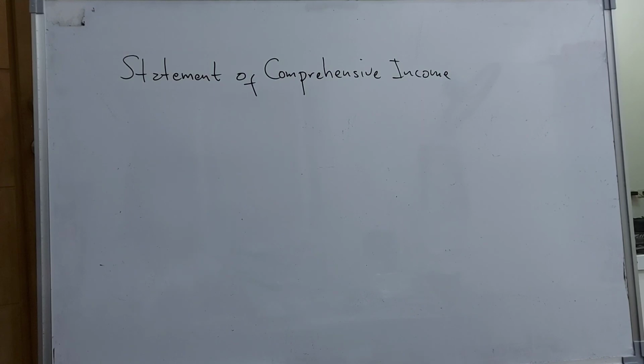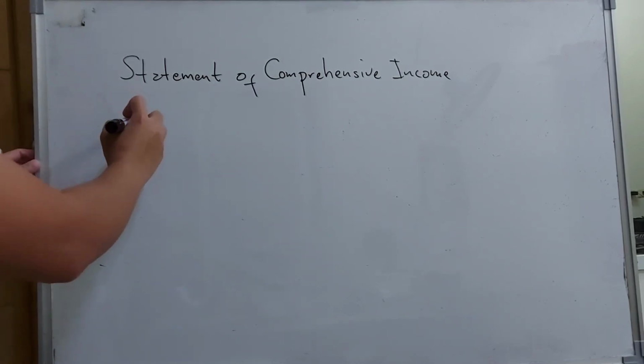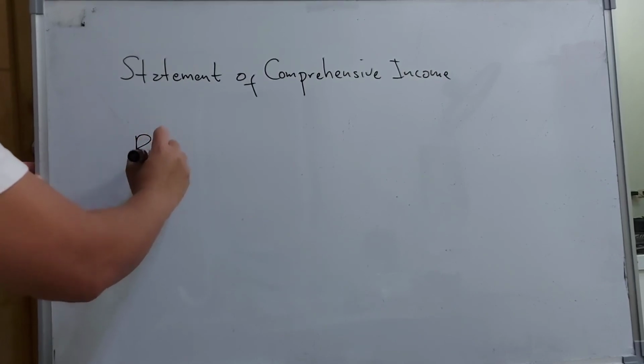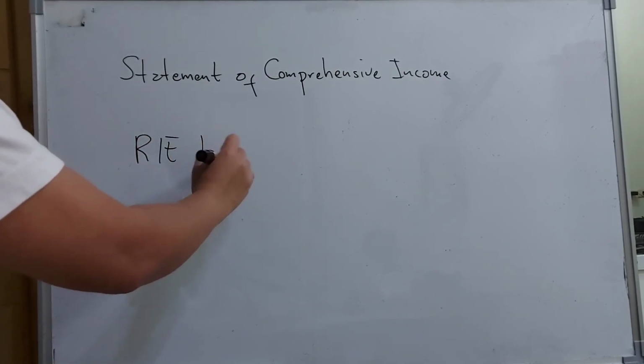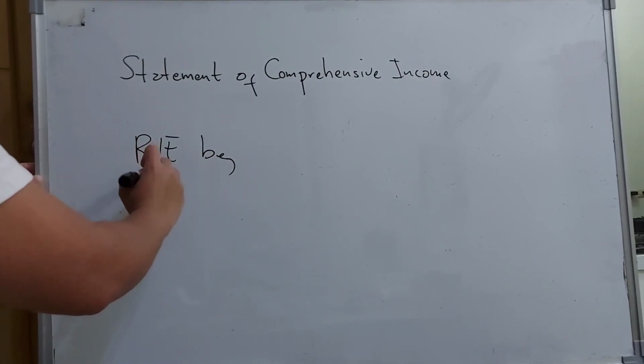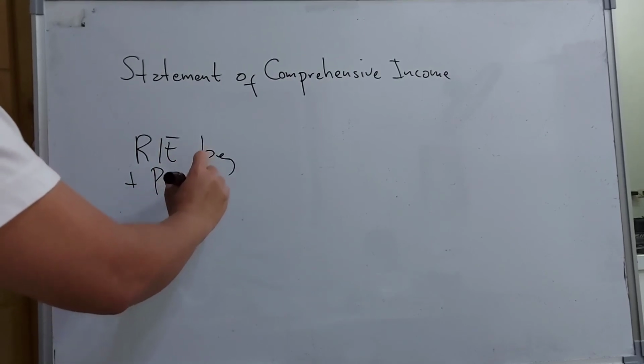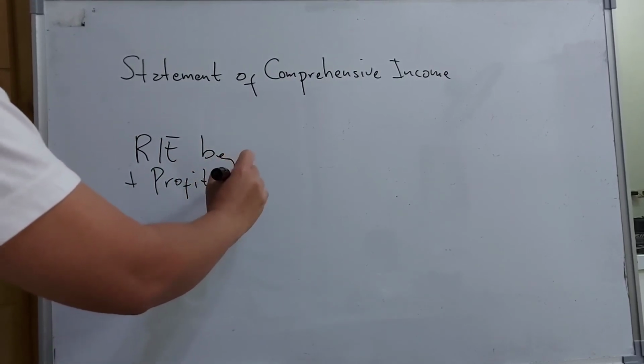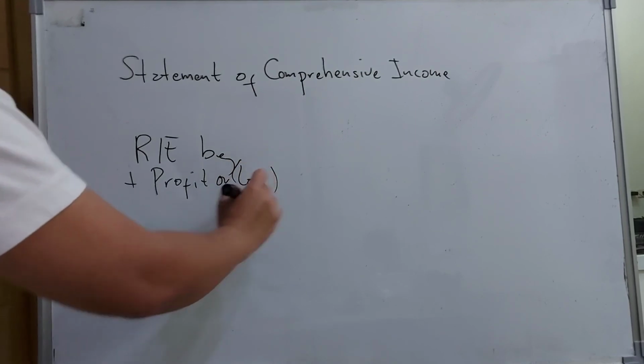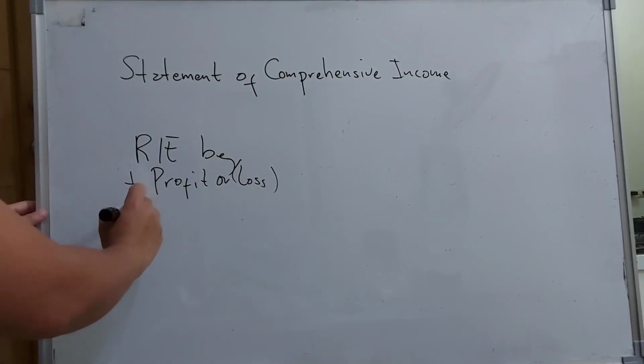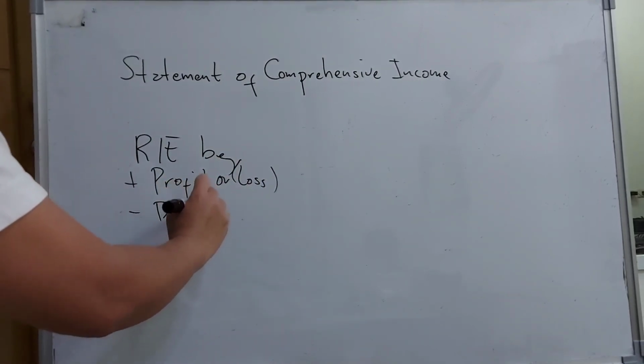So, ibig sabihin kasi pag sa retained earnings, so statement of retained earnings naman, yung retained earnings natin ngayon, dati, di ba meron kang beginning, plus yung net income natin, o ito yung profit, or loss kapag negative, tapos less, di ba, dividend declared.